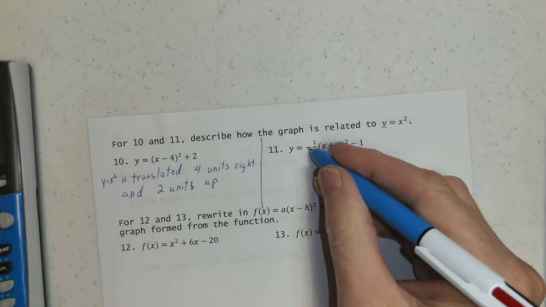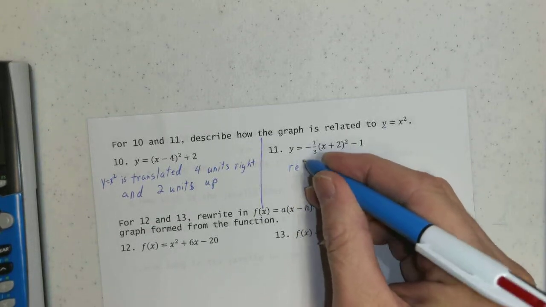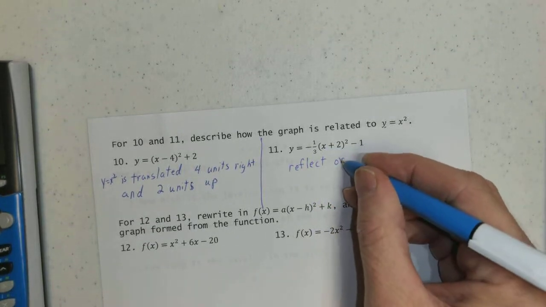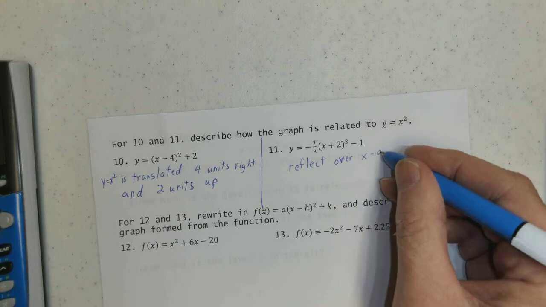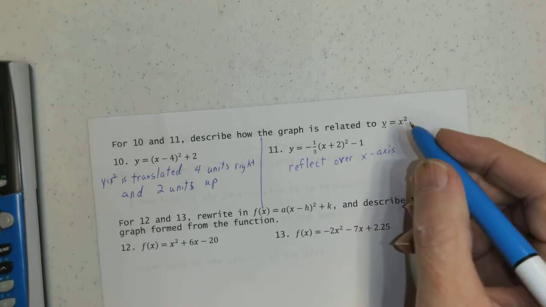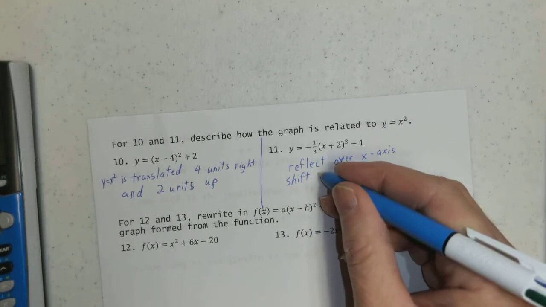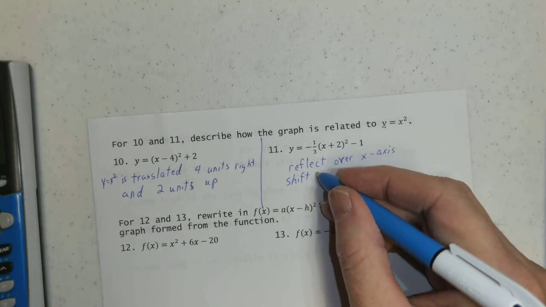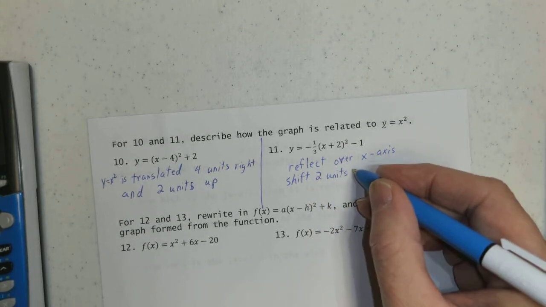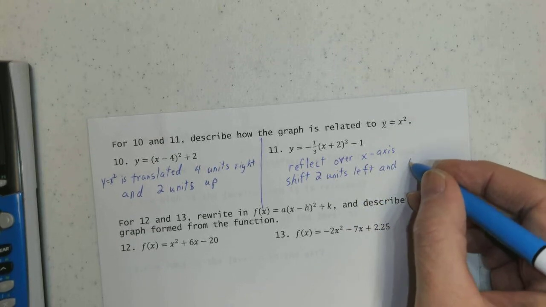This one, the negative, here's the order I'm going to do it. I'm going to reflect over the x-axis. Shift or translate two units left and 1 unit down.